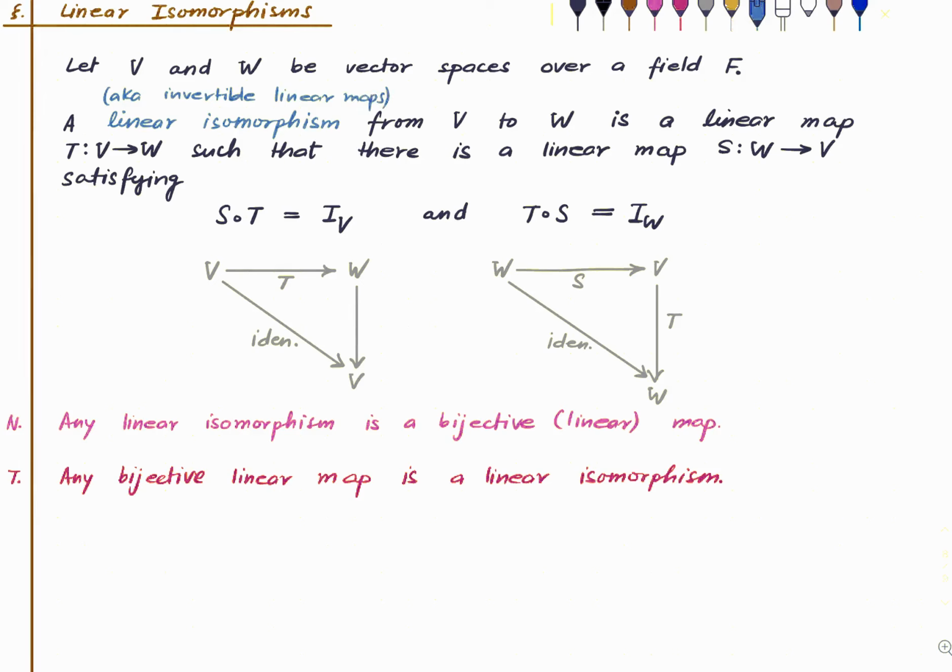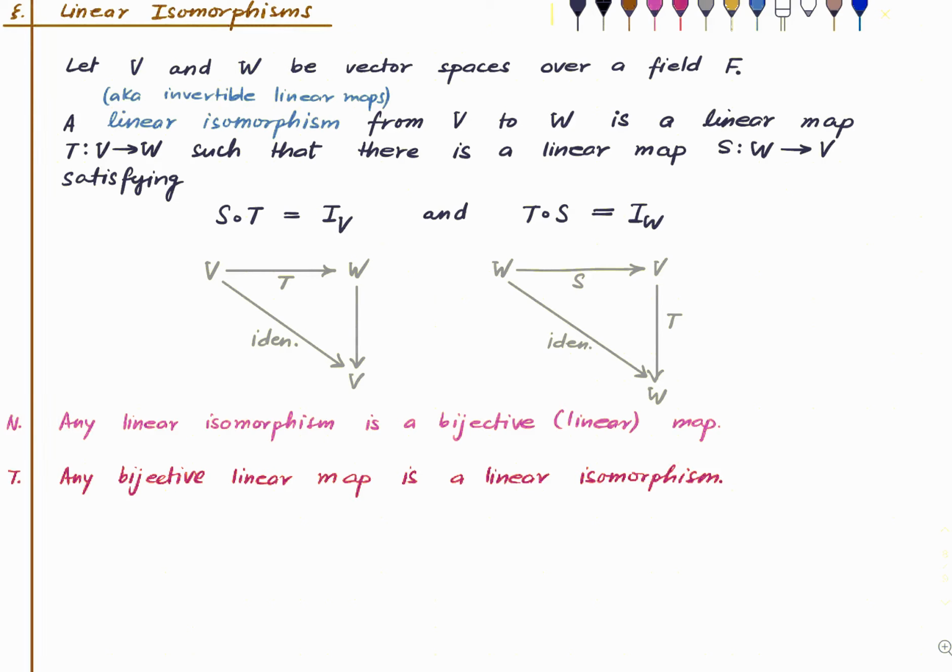We will look at the proof of this, but what is being captured here? What is a linear isomorphism trying to do? It is just saying that the vector spaces V and W are the same in some sense. The behavior of addition here is carried forward to the behavior of addition there, and the behavior of scaling is also carried forward in a way that does not lose any information.